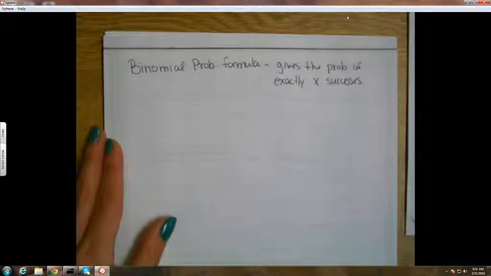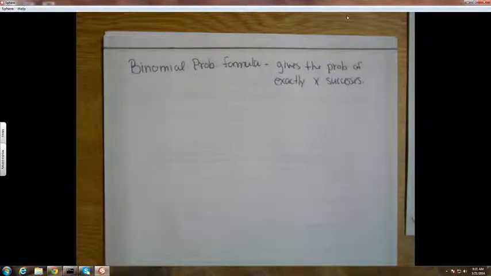So like, if I took that 10-question quiz, I could say, what's the probability that I get 5 of them correct if I guess? So X is a 5. And this formula would help me find that probability.